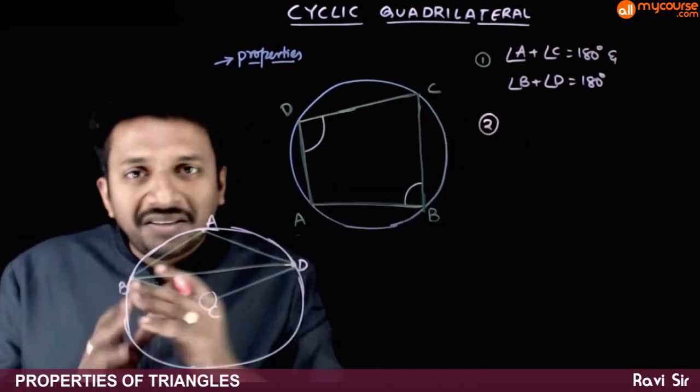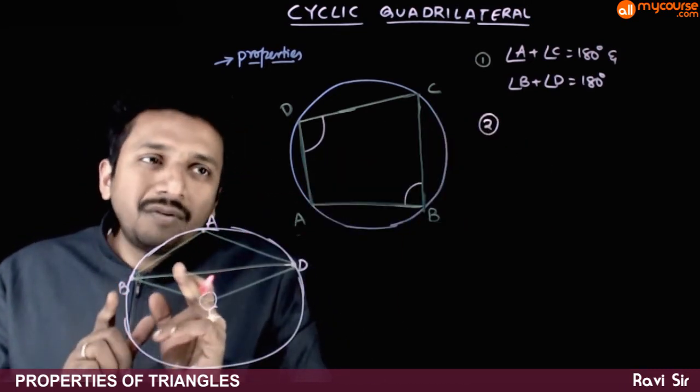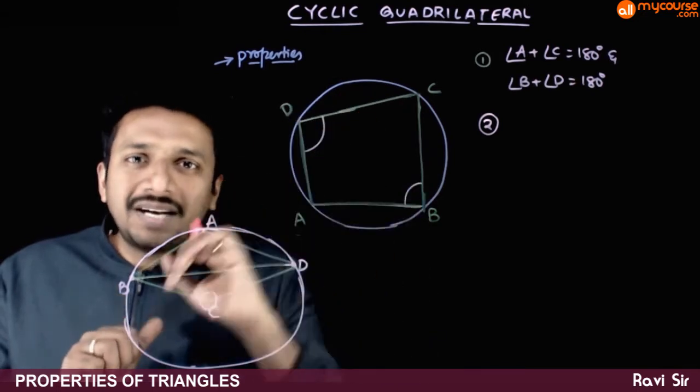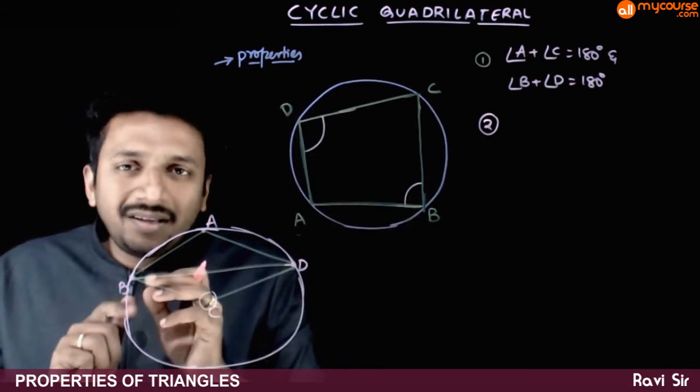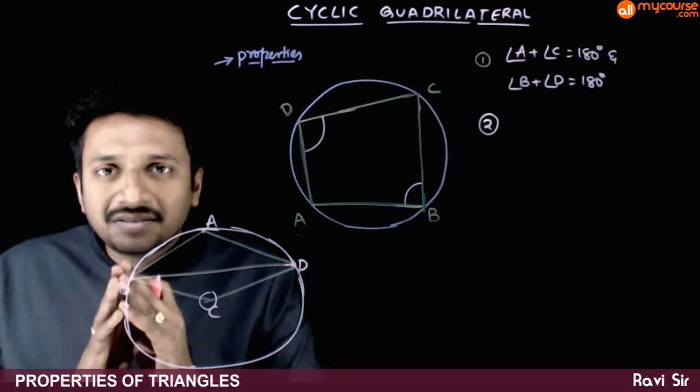The next property is that the sum of products of opposite sides of a cyclic quadrilateral is equal to the product of diagonals.